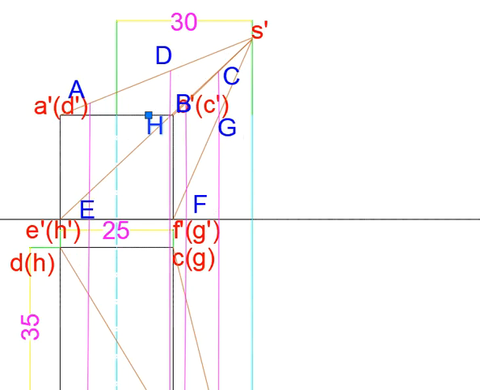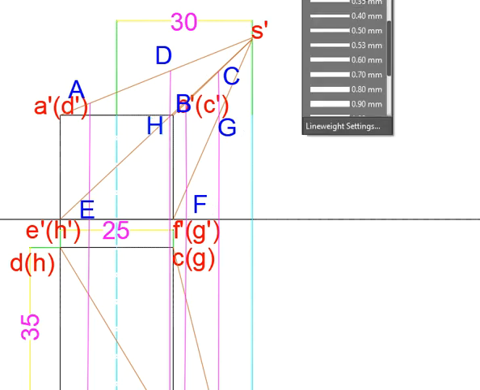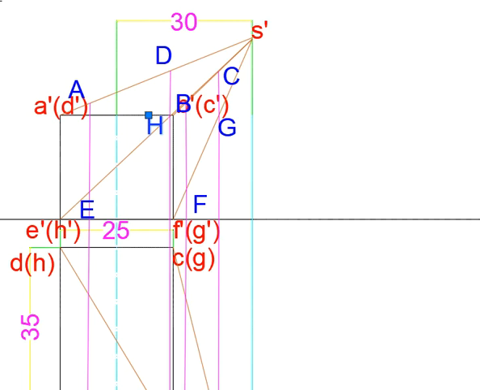Now we can draw continuous lines connecting these boundaries. You have to mark the outer boundaries first.